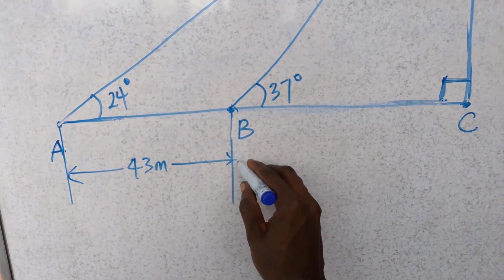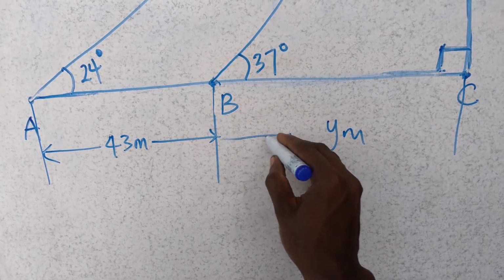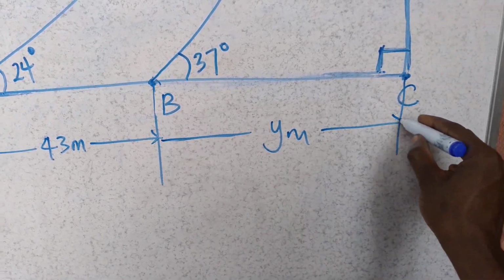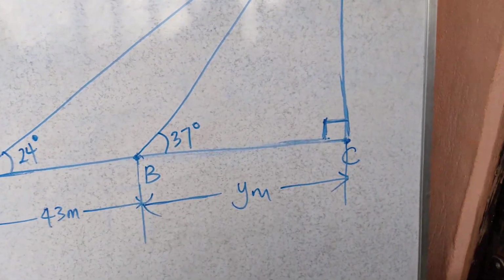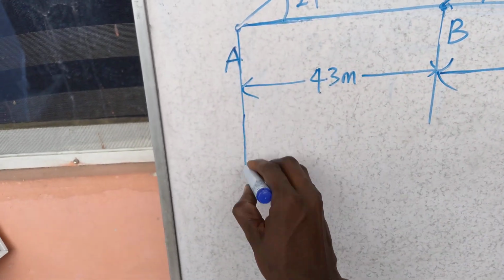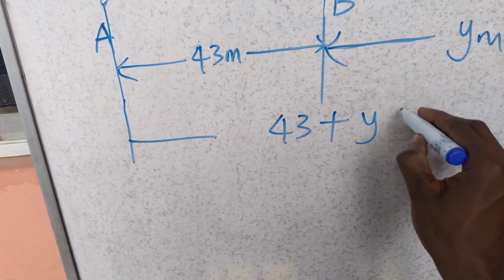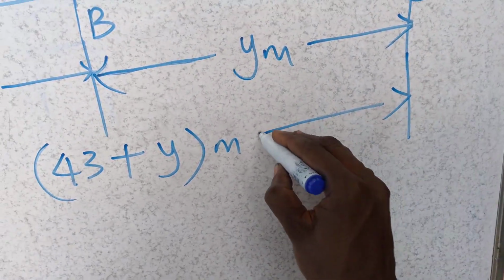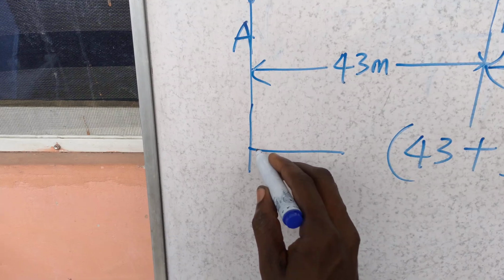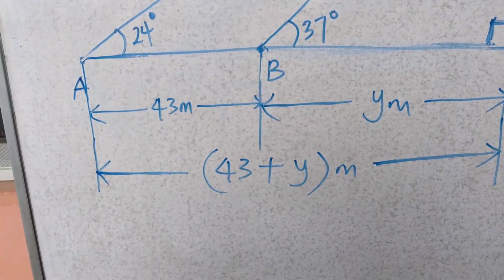Then you can represent the distance from point B to C as y. The distance between B and C is y. That means the total distance from A to C is 43 plus y.